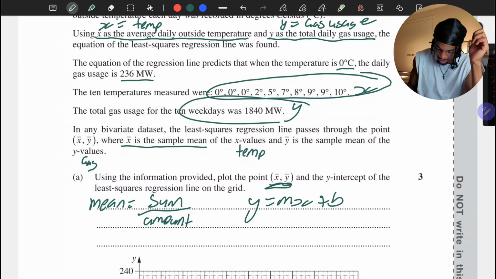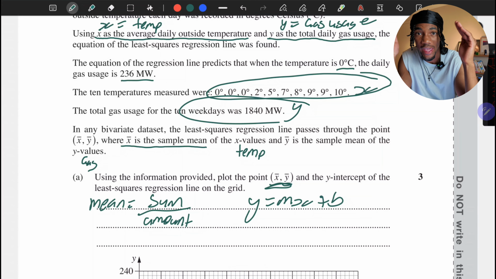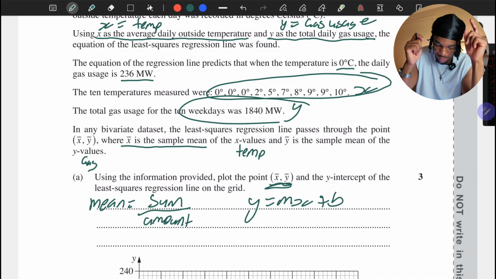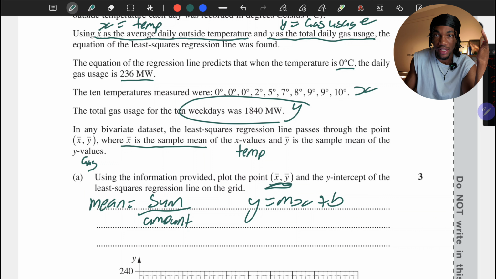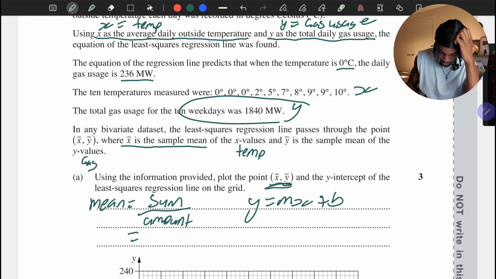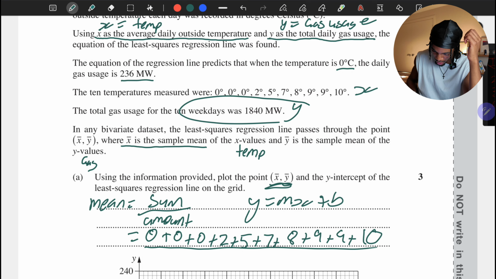All I have to do is literally think of one easy thing you can do to get 1 mark. Don't think of the full picture, just one thing. So here, let's just find the mean. Let's put these in. 0 plus 0 plus 0 plus 2 plus 5 plus 7 plus 8 plus 9 plus 9 plus 10 over 10.